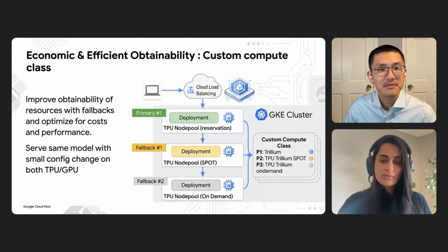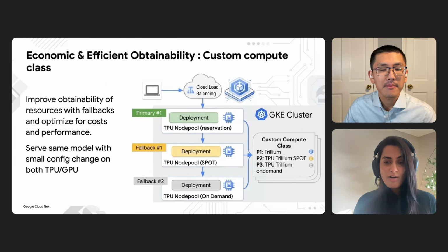And if the Trillium chip is not present in the reservation when I'm trying to scale or run a workload, then GKE can automatically fall back to the first fallback you've set, and that's going to be spot here. And then if that's not available, then it goes back to on-demand or DWS Flex, whatever you want.